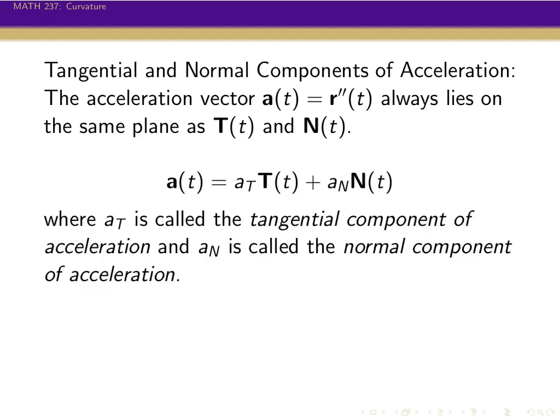And so that means we can write the acceleration vector as a linear combination of the unit tangent and the unit normal vectors, a sum with coefficients. The coefficient of the unit tangent vector is the tangential component of acceleration, and the coefficient of the unit normal vector is called the normal component of acceleration.